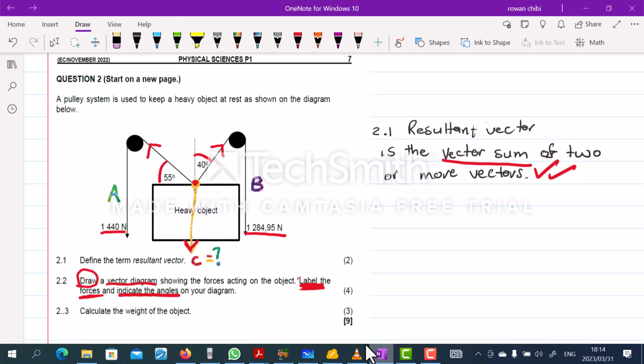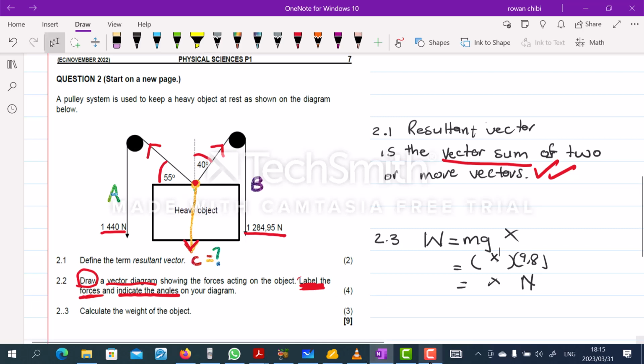For example, let's say for 2.3, if we knew the mass, we are going to use the formula W equals mg, and then we're going to put in the mass and multiply it by g, which is 9.8. Then we would find our weight in newtons. But the problem is we don't know the mass, so we can't use this formula now.